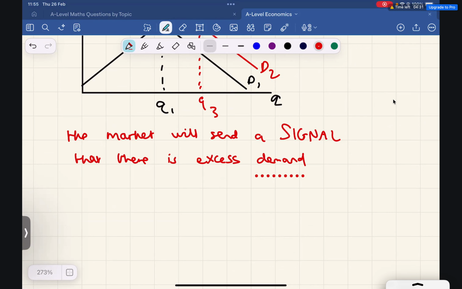Okay, so just think big queues or busy phones or lots of inquiries. They'll pick up the hint that there's excess demand.